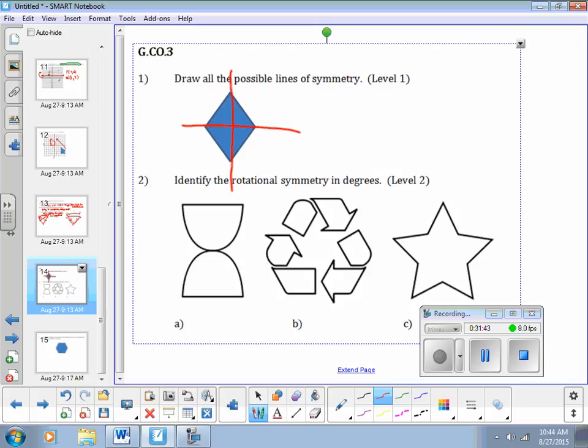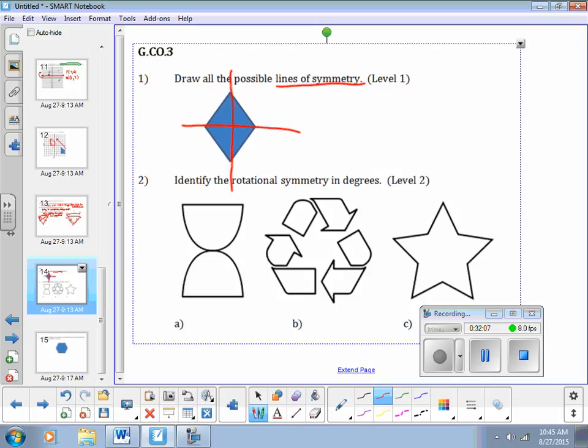Move it around, okay? Now notice number 1 said only line of symmetry. It didn't say angle of rotation or rotational symmetry. Remember, if the figure has to go all the way 360 degrees until it matches, does that have rotational symmetry?